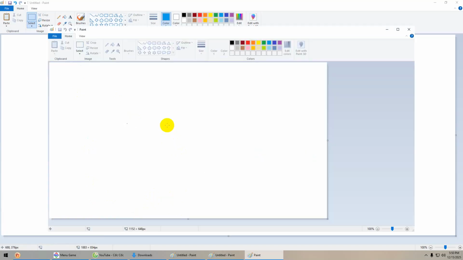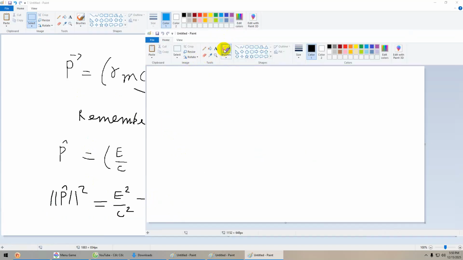So let me show you. We can rewrite that this P here is actually m² c square equal to energy divided by speed of light square minus momentum square.